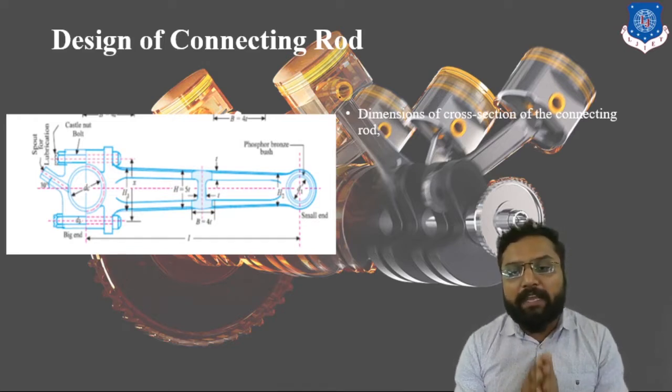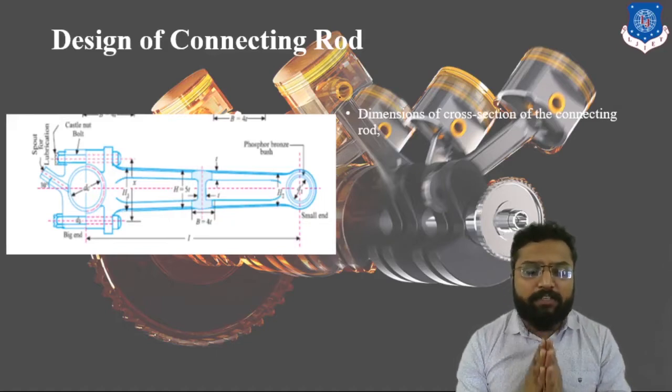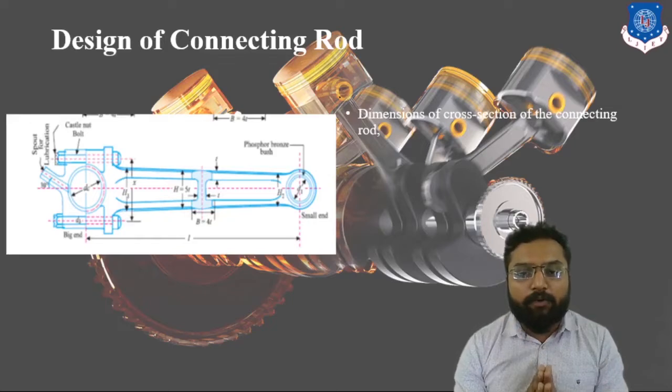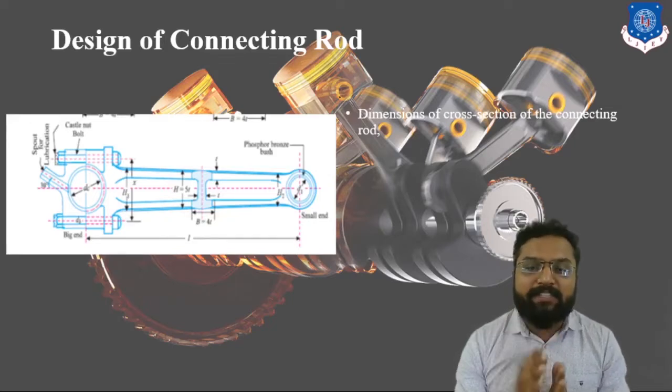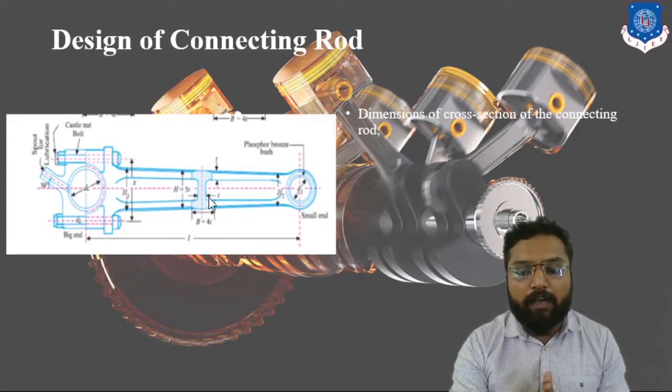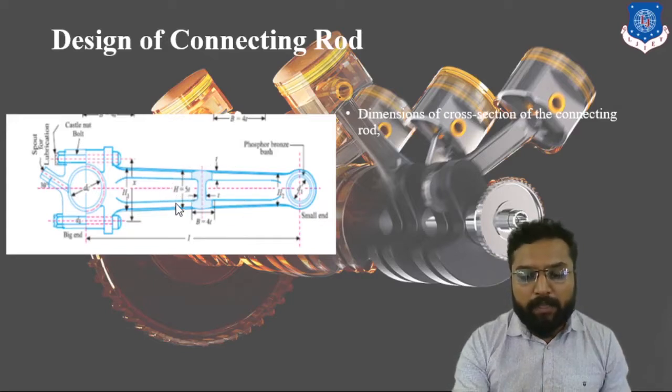There are mainly four sections we are going to design. One is the dimension of the cross section of the connecting rod, the shank part you can see here.